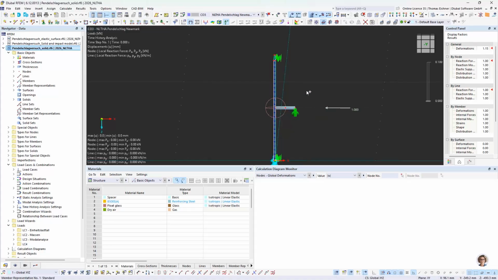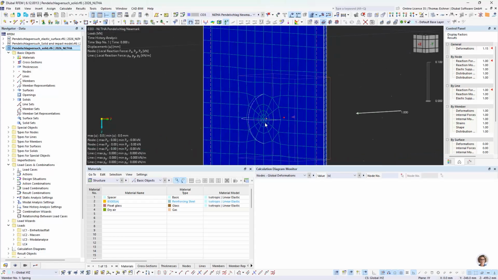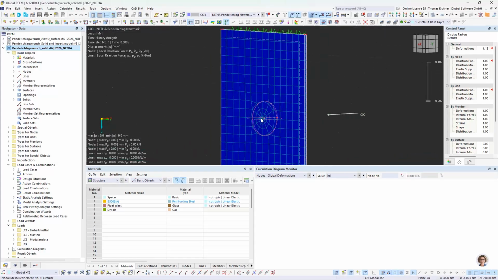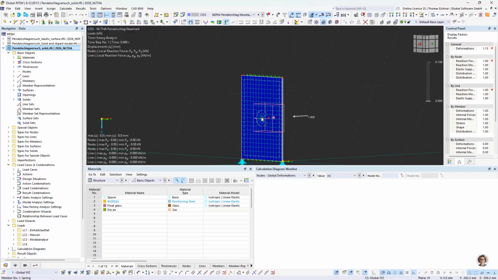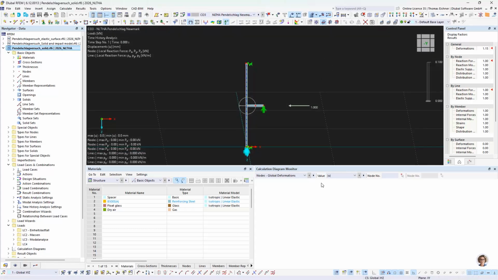So this is the solid model of this structure. It did need some mesh refinements here, and I also did some iterations for getting the results as they are now.